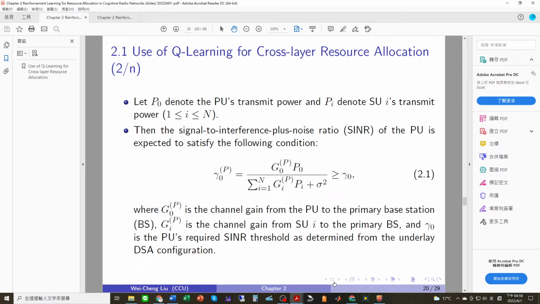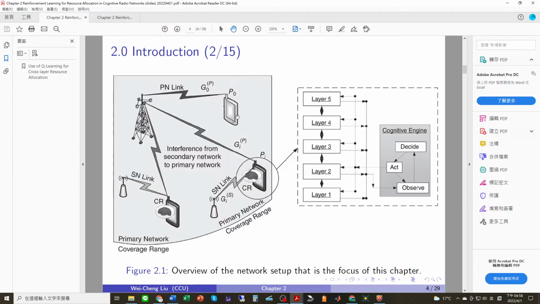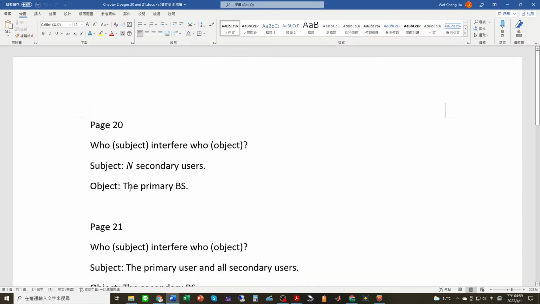Let us go back to figure 2.1. G0P times P0. So the received signal is received by the primary base station. So the primary base station is the receiver. So it is the object. So the object is the primary base station.